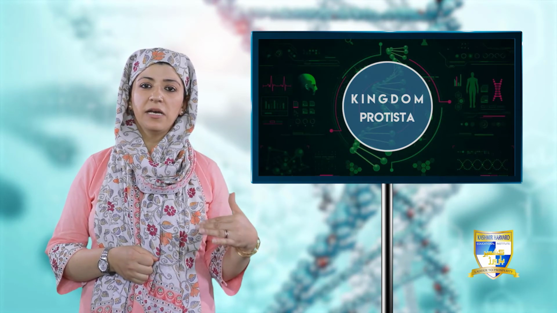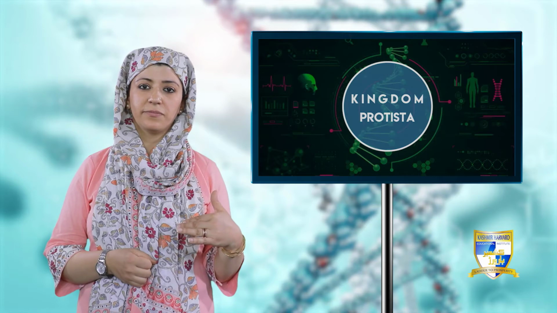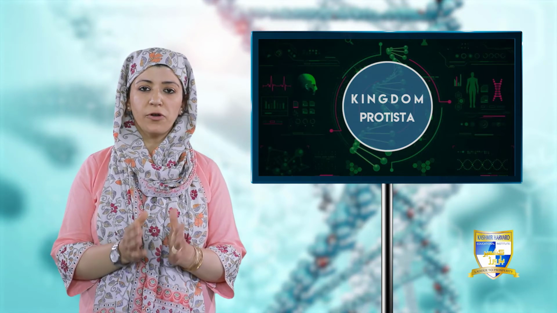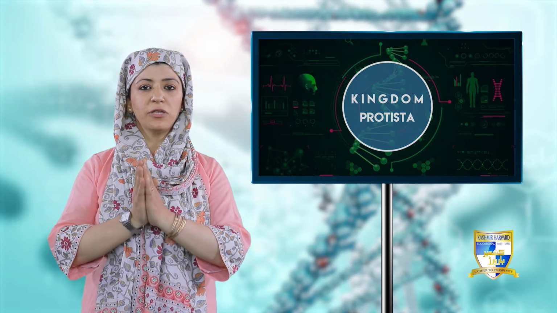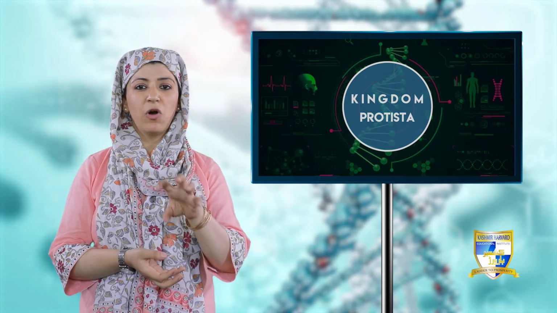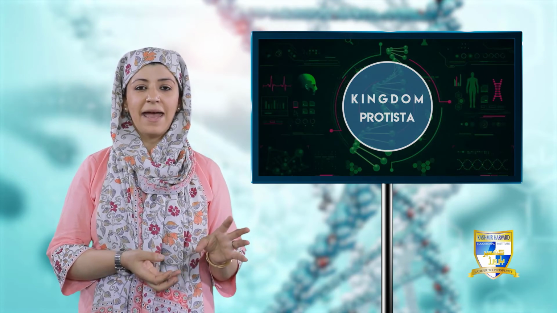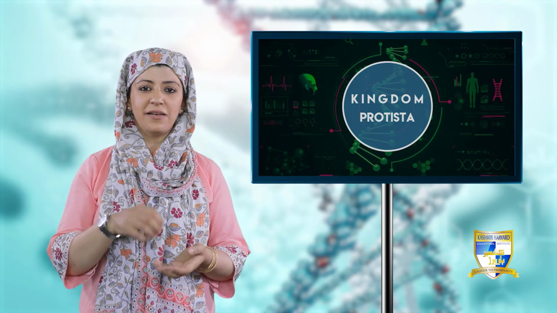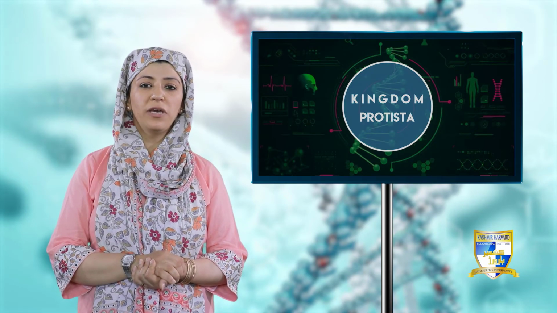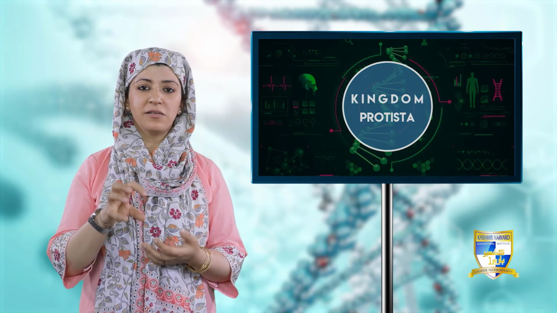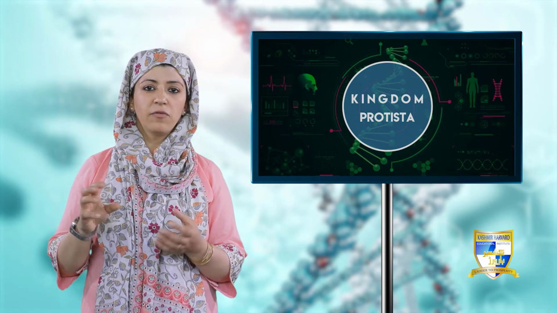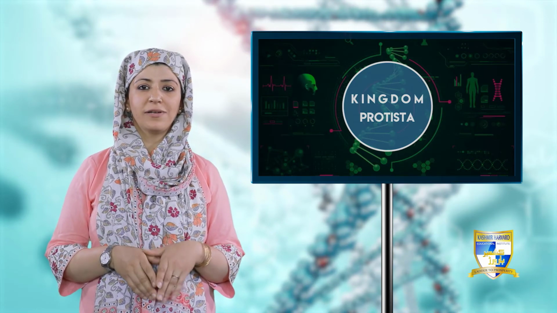Now the second one is known as saprophytic. What is the saprophytic mode of nutrition? We know saprophytes are those organisms which can survive on dead and decaying matter. These organisms live on dead and decaying matter and obtain their nutrition from it, so they are known as saprophytic organisms. Some Protists show the saprophytic mode of nutrition. And what is the mechanism?